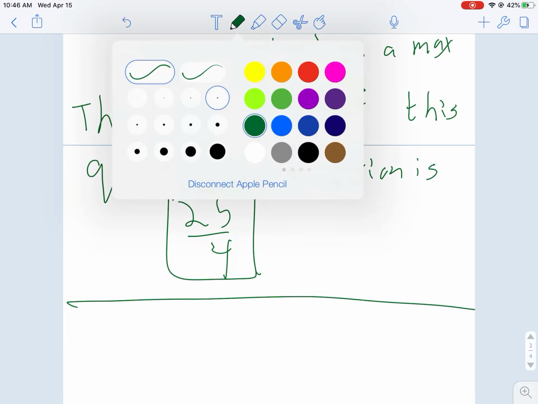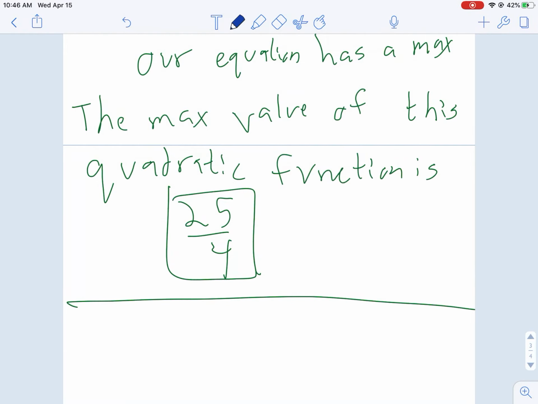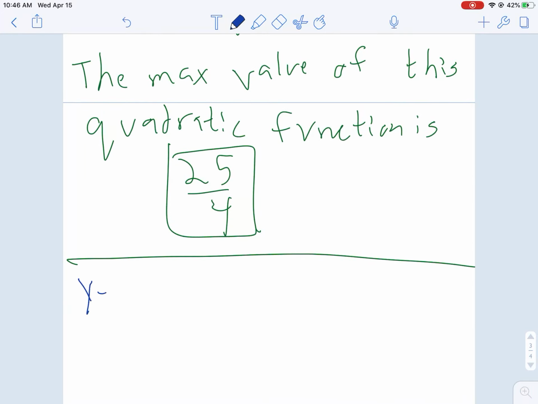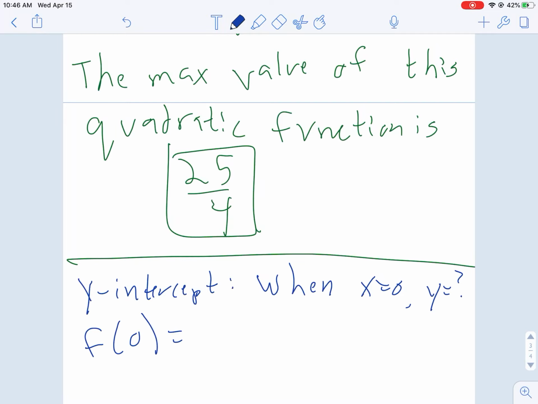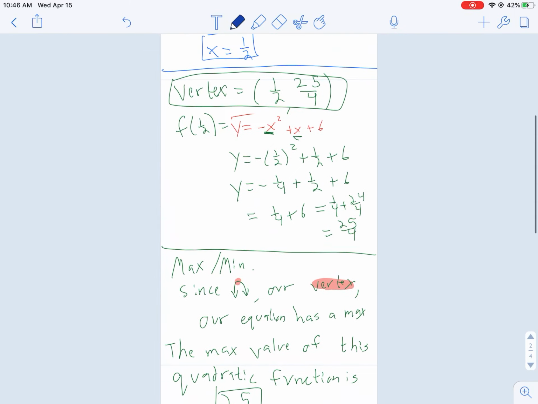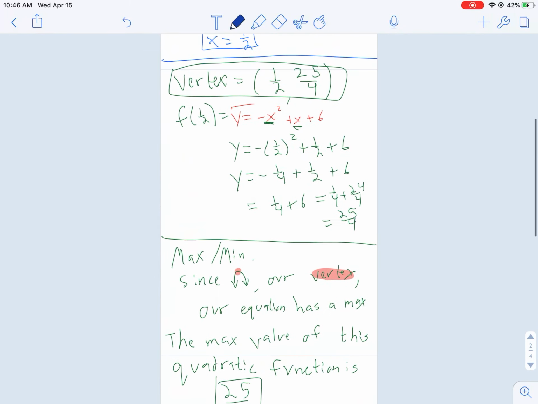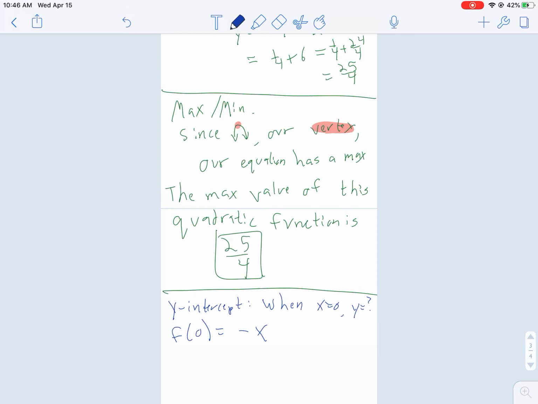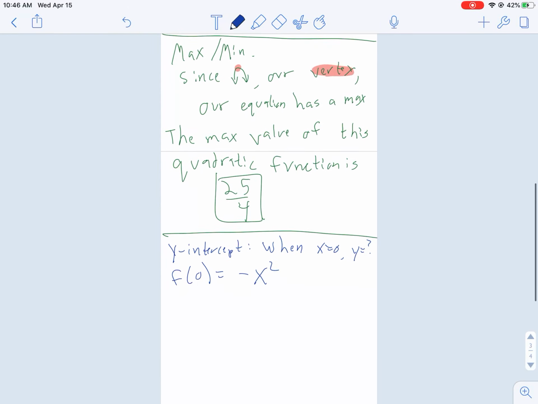Our y-intercept is what happens when x equals 0. So in other words, f of 0 equals, we're going to do that same process we did when finding our vertex. We're going to do negative x squared plus x plus 6.